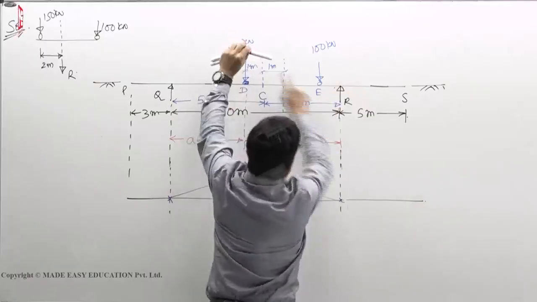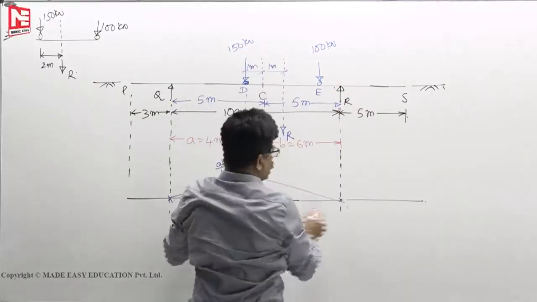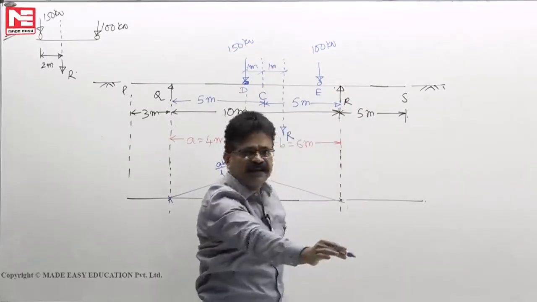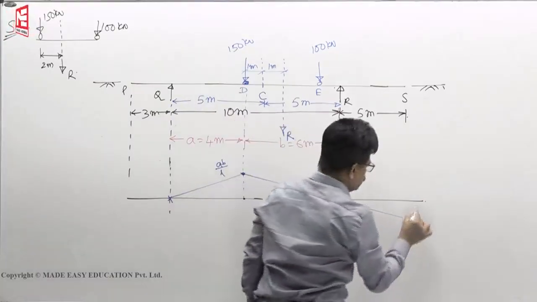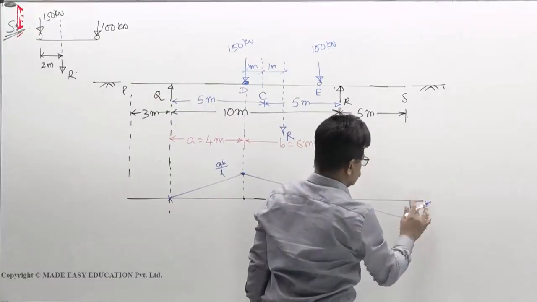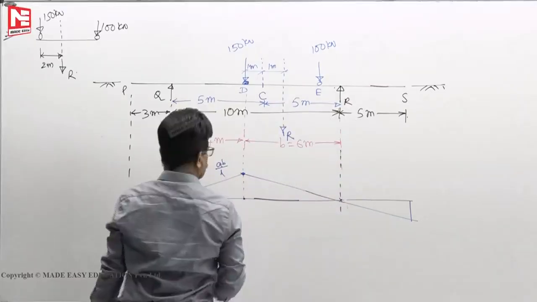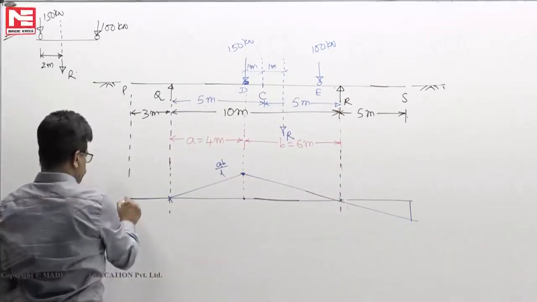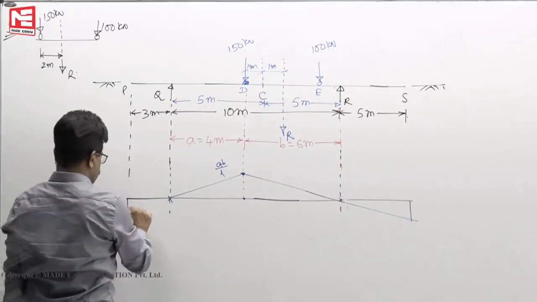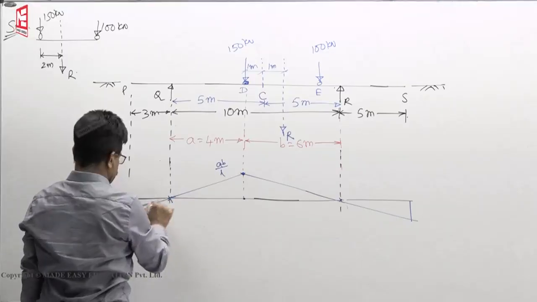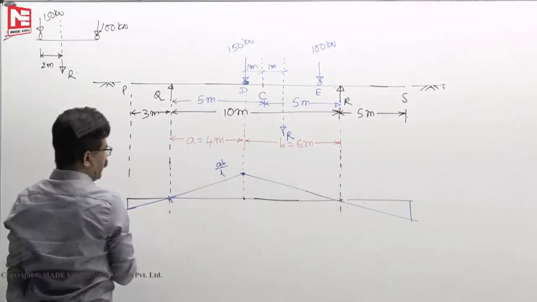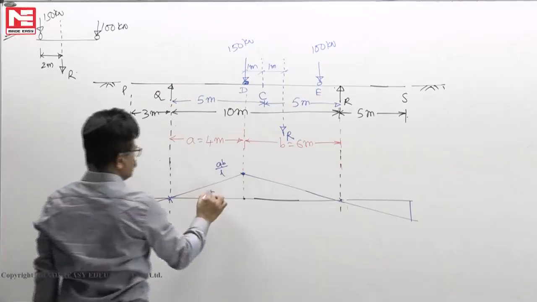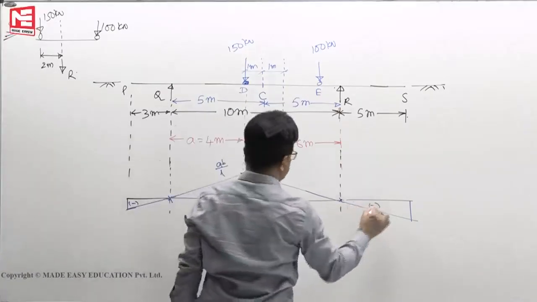When I lift it, it will go down like this. If an overhang is there, extend the line; if not, stop here itself. Like this it will go. Here also the same. Extend the line. This is minus, plus, minus.